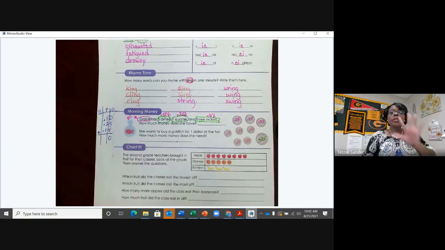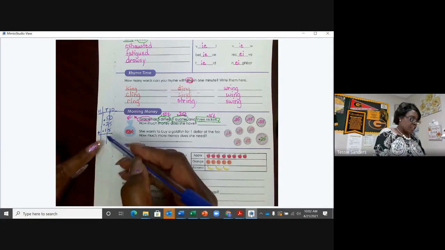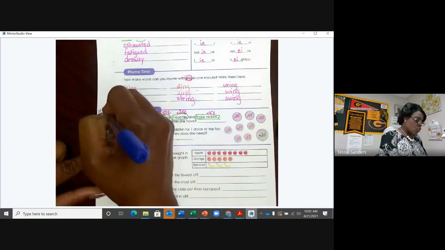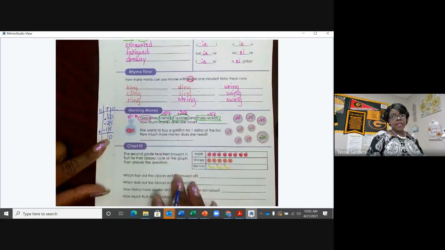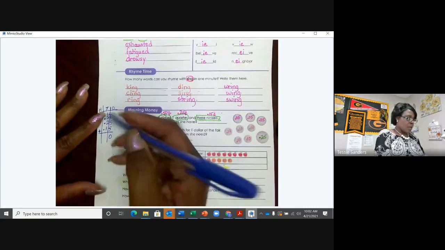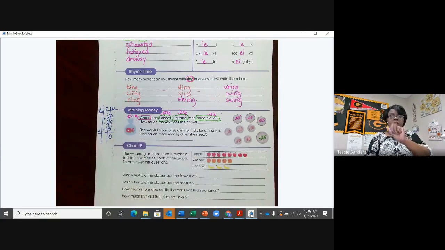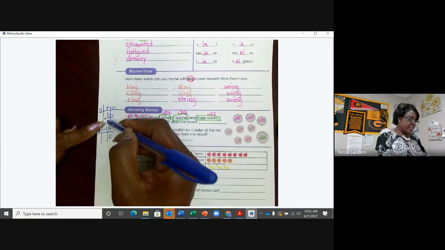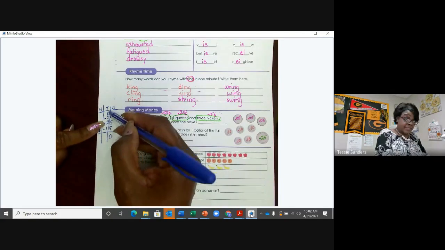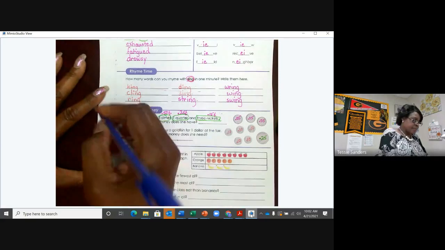If you weren't sure, 5, 6, 7, 8, 9, 10. Write your 0, carry your 1 to the tens place. 5 plus 2 is 7. So 5, 6, 7, 8, 9.